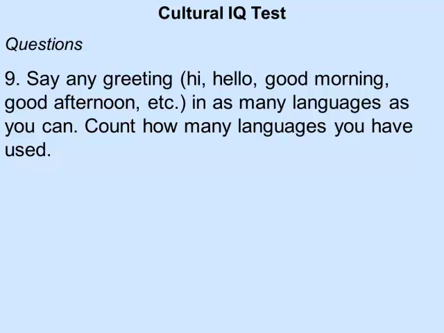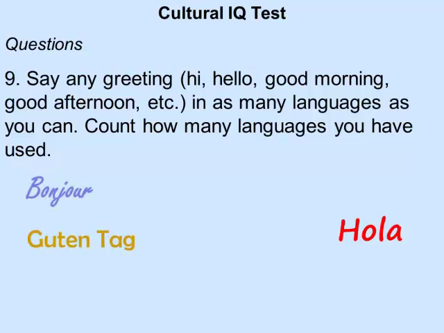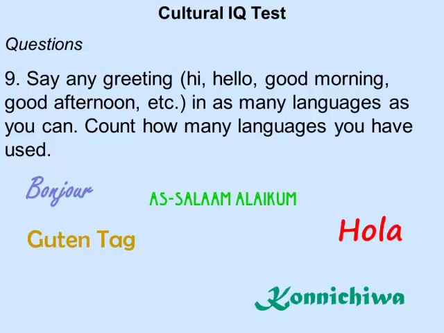Some examples of foreign greetings are hola, Spanish of course, hello in Spanish, bonjour, guten Tag, French and German, meaning good day, konnichiwa, which is hello in Japanese, assalamu alaikum, that's a typical Muslim greeting, which means peace be upon you.